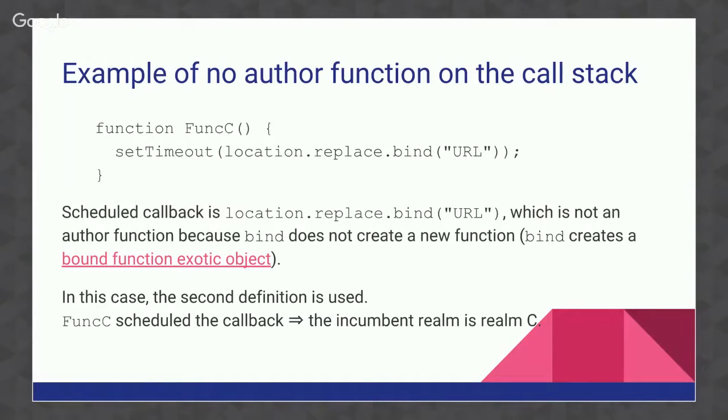And this is a pretty important and interesting point. You cannot tell the incumbent realm from this line itself, the setTimeout line itself, because we need to know who scheduled this callback. So we need another piece of information.